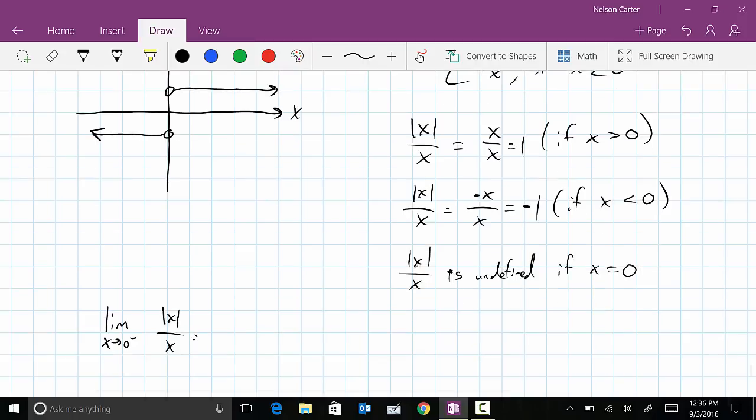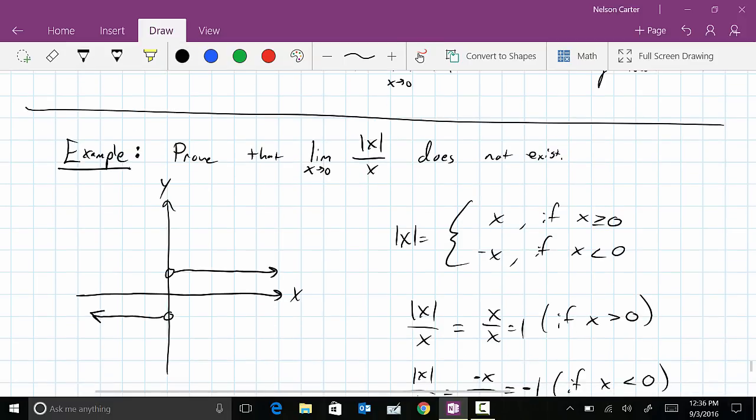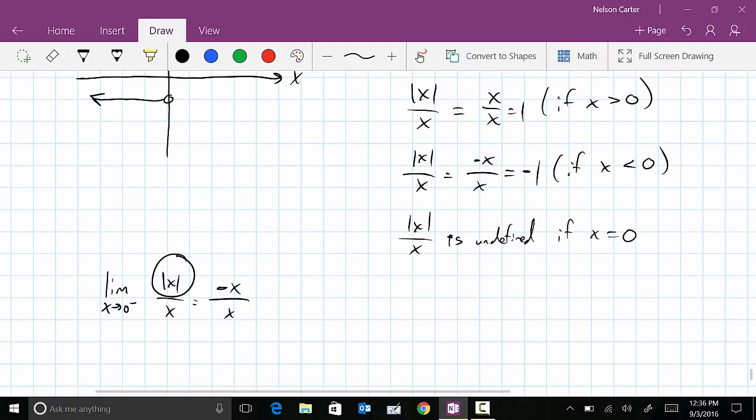That's going to be the same thing as, so again, what I'm allowed to do is replace the absolute value of x now with negative x. How come? Because the absolute value of x is equal to negative x when we're to the left of 0. That's what this says. So that's why we're allowed to make that replacement. But that's going to equal just negative 1.